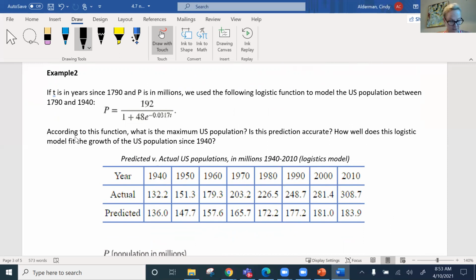And it says here, according to this function, what's the maximum US population? Well, the maximum US population was in 2010.